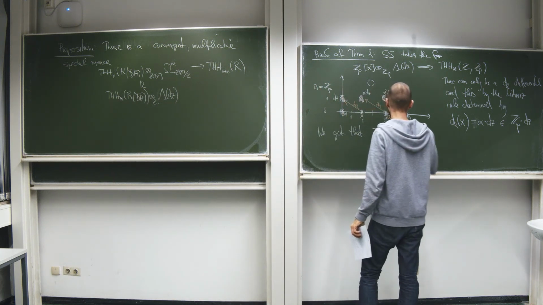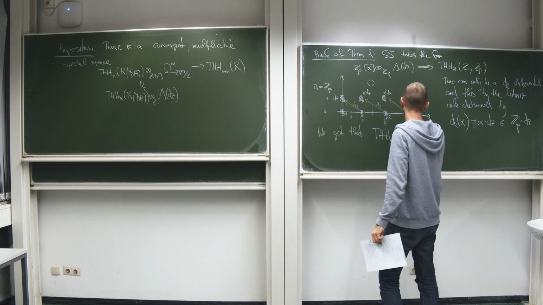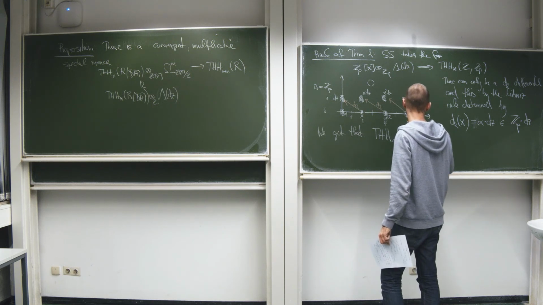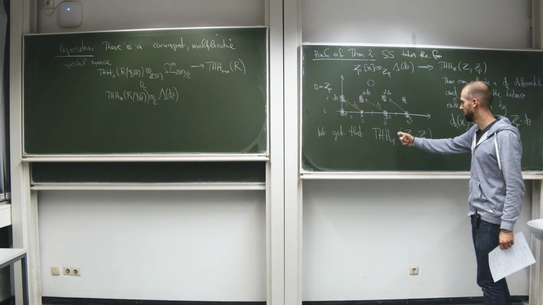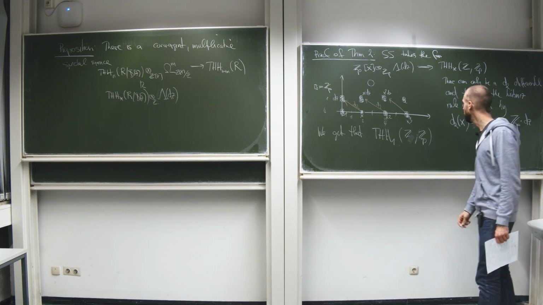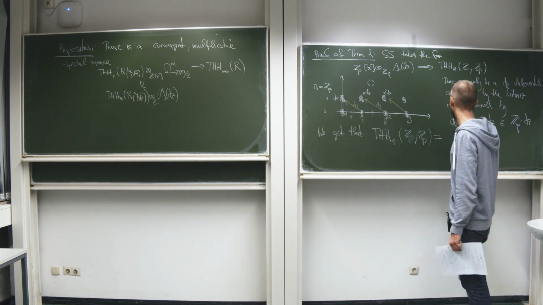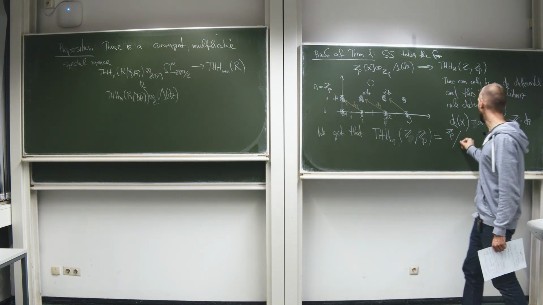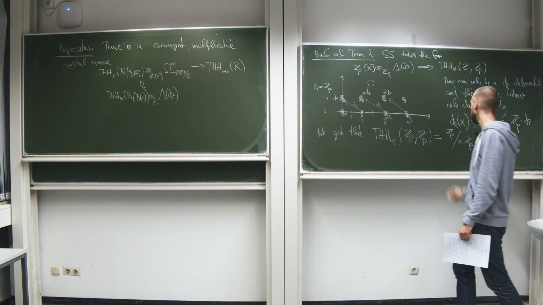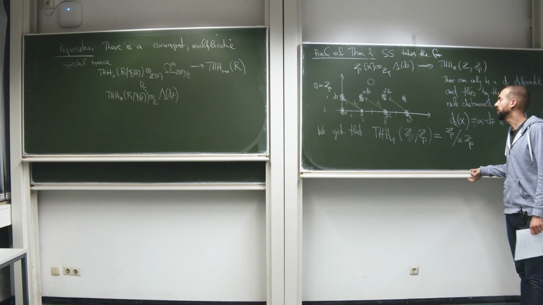So it's in fact a quotient of this, the cokernel of this differential. So THH_1 of Z_p relative Z, with Z_p coefficients. I guess it's the same by what I said earlier, but let me keep writing Z. This is just going to be the same as taking the p-adics and quotienting by alpha Z_p. This is by the spectral sequence.